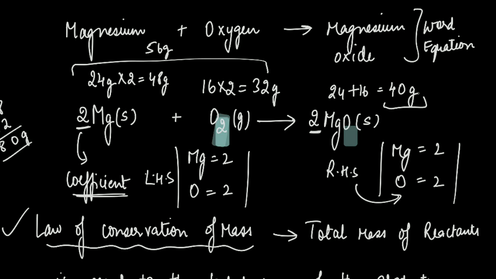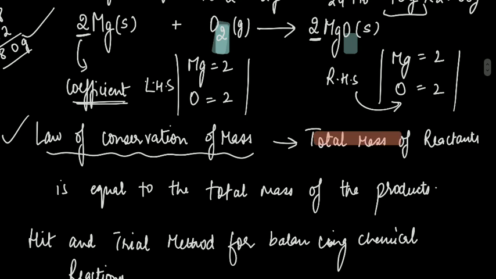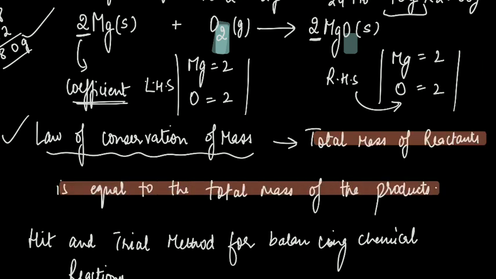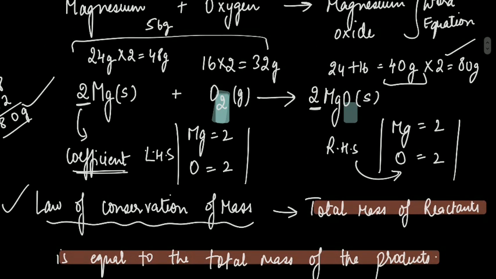And 40 into 2, because we have kept this 2 over here as a coefficient, 2 indicates the whole compound is multiplied by 2, its mass. So 40 into 2 will give you 80 grams. So we have a total left hand side of 80 grams and right hand side of 80 grams. That's the meaning of the law of conservation of mass: the total mass of the reactants should be equal to the total mass of the products. So this balancing follows the law of conservation of mass.